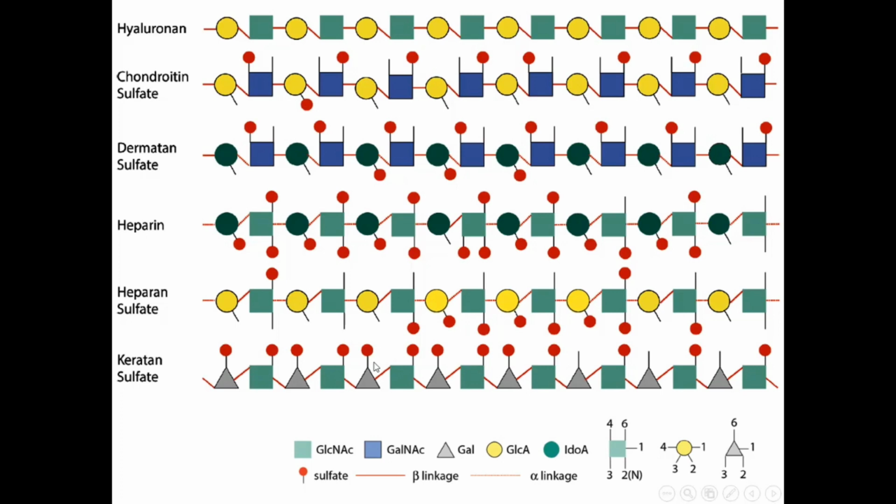Other GAGs have a sulfate group, but hyaluronic acid doesn't. Because of these sulfate groups, these GAGs can attach to the protein and make a proteoglycan, and hyaluronic acid doesn't. It's a pure GAG, but the others make proteoglycans.